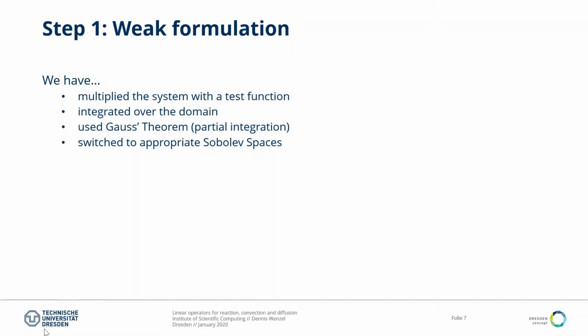And for this, we take the first step and derive the weak formulation. So what have we done? We have multiplied our PDE with the test function, then integrated over the domain omega, used the Gaussian theorem, and then switched to appropriate Sobolev spaces, right?